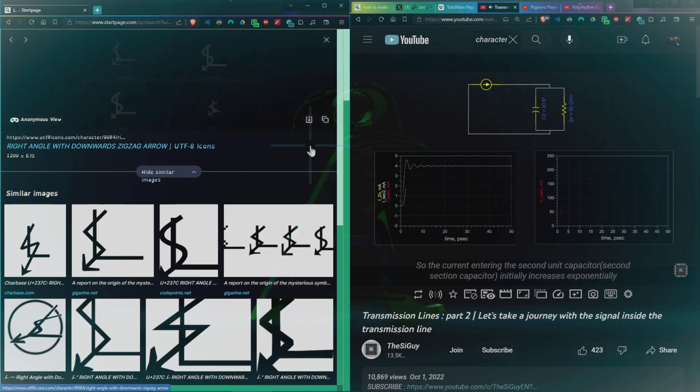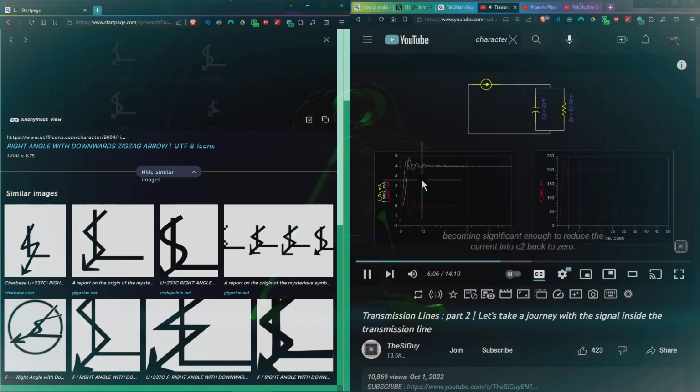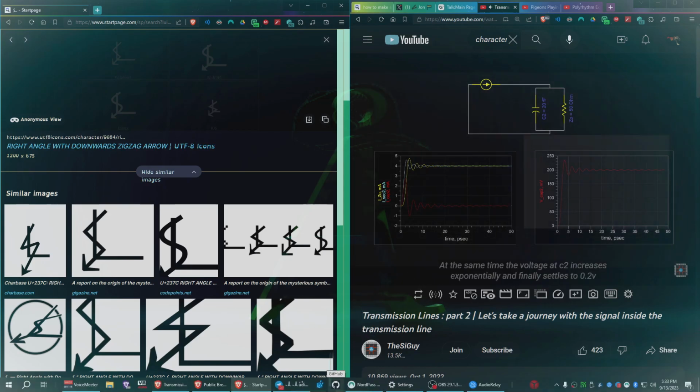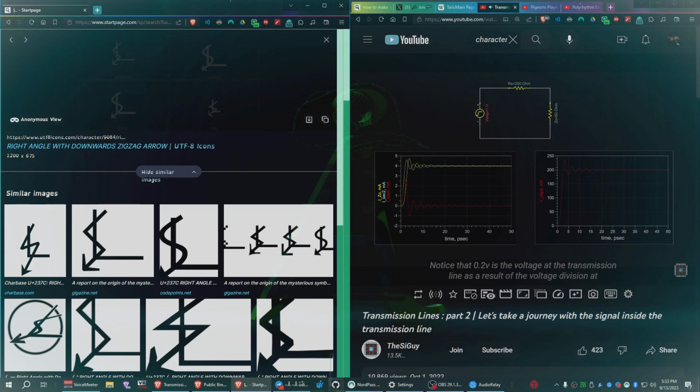So the current entering the second unit capacitor initially increases exponentially, charging the capacitor till a point after which the current entering the resistor becomes significant enough to reduce the current into the capacitor back to zero. At the same time, the voltage of the capacitor increases exponentially and finally settles to 0.2 volts when the current goes to zero. Notice that the 0.2 volts is the voltage of the transmission line as a result of the voltage division at the input.